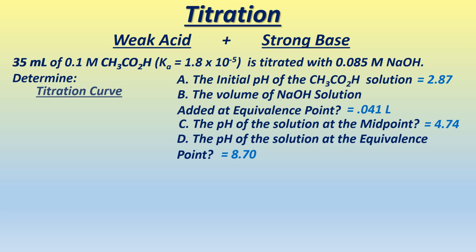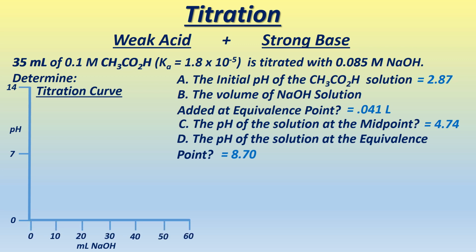If I look at the titration curve once again for this reaction, where the pH is my Y and the milliliters of base are my x-axis, I have an initial pH of 2.87. At the midpoint of approximately 20 milliliters, the pH goes up to 4.74.